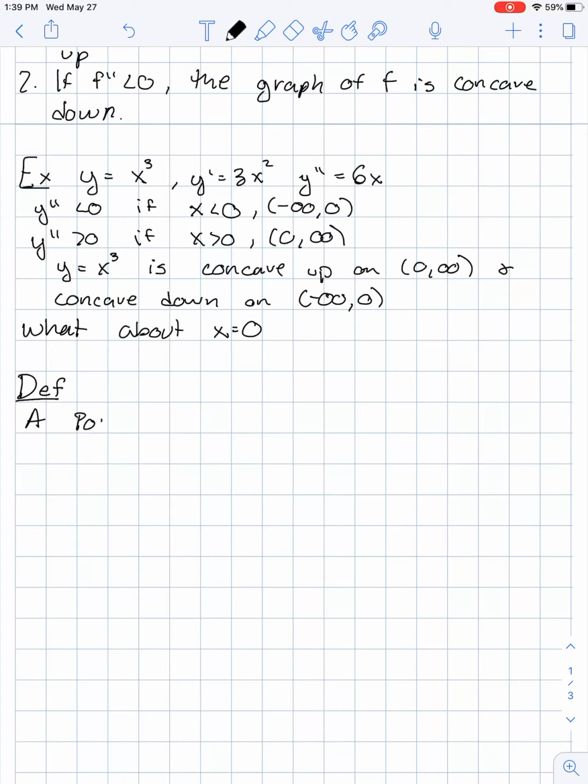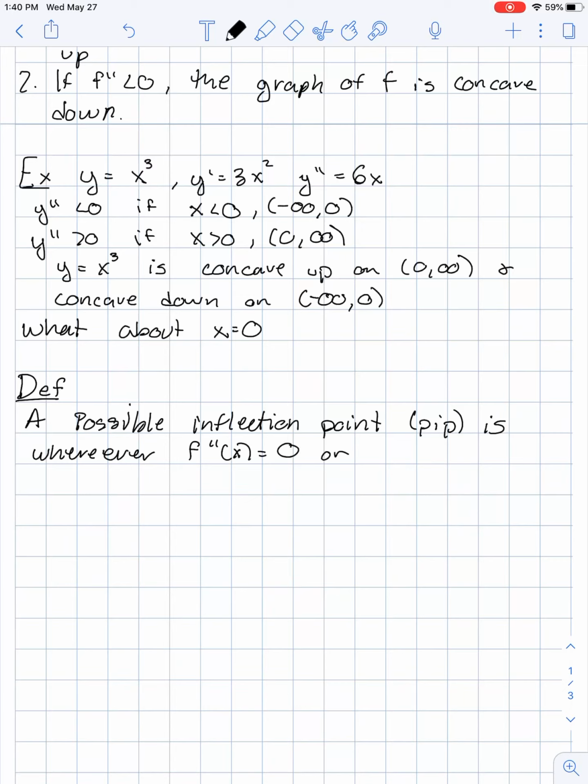So a possible inflection point, I also call them pips, is wherever f double prime of x equals 0 or is undefined.